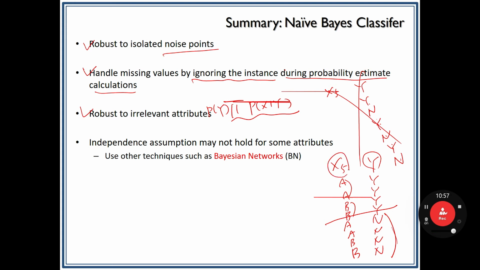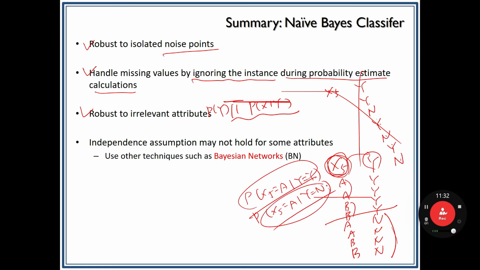Then actually, this variable is not really related to the class variable. It means that this variable doesn't make any contribution to the classification task. The probability x5 equals a given y equals yes and the probability x5 equals a given y equals no are the same, so we multiply the same value to the class yes and class no, so it doesn't contribute at all to the classification task.